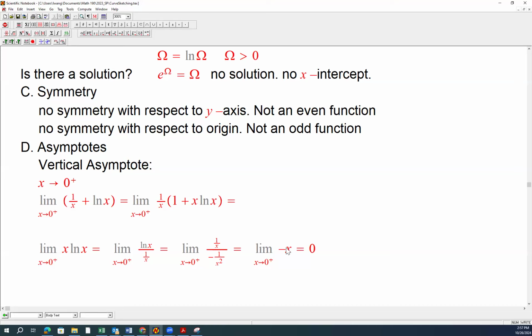So go back to this piece: the limit as x approaches 0 from larger than 0 is approaching 0. Approaching 0 plus 1 is approaching 1. So this parentheses approaches 1, and 1 over x approaches infinity. So now we are certain this approaches positive infinity.